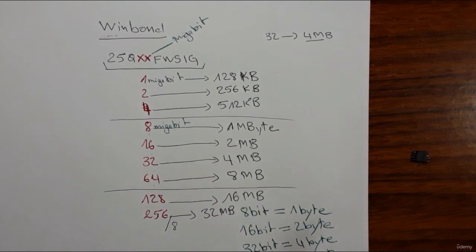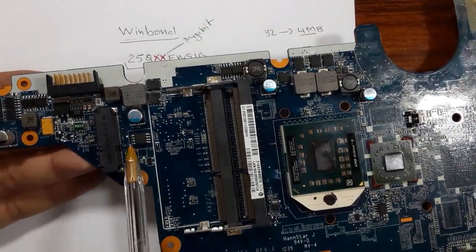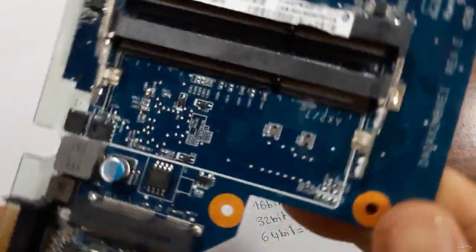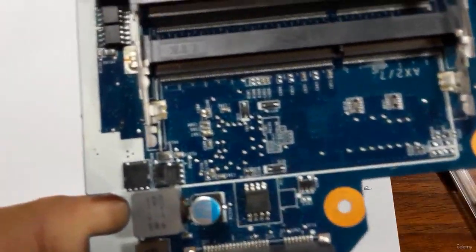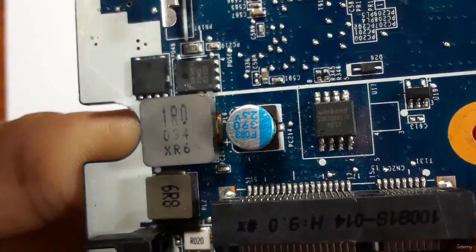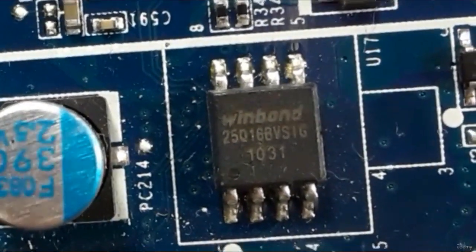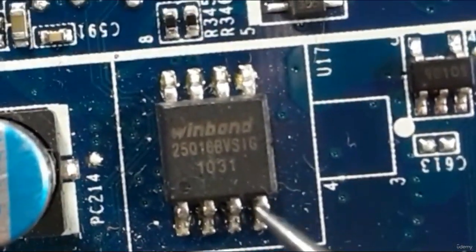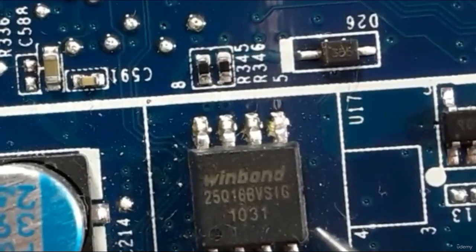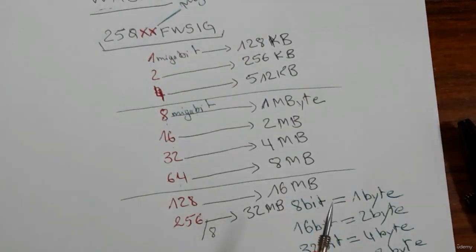So let's check some BIOS ICs. Here, as you can see in this motherboard, this is the BIOS IC. Let's check its size. We have 25Q16, as you can see. Here you can find BVS or WVS, no problem.